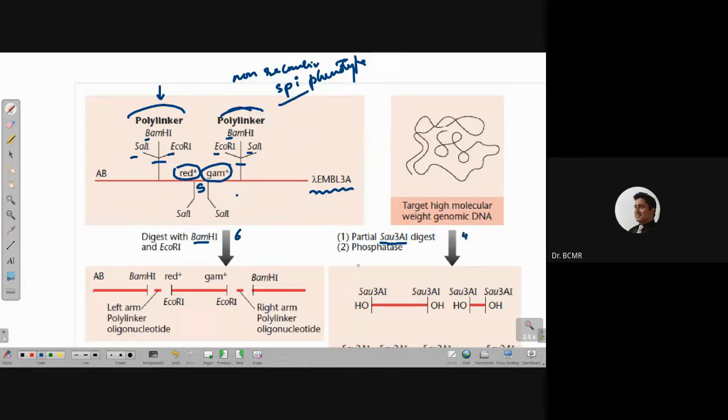We will also add on from what we discussed in the last class. We treat the genomic DNA with phosphatase. Basically, I'm trying to review this part as two topics: one is for phage vectors, and the second is for gene library or genomic library. Let's go.